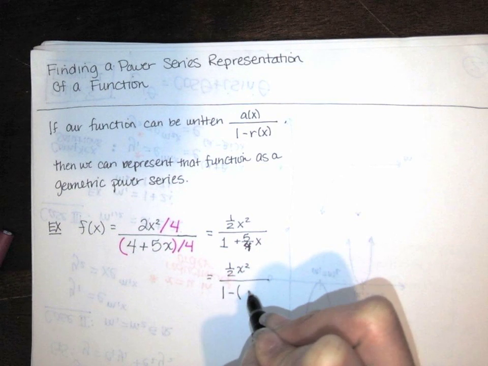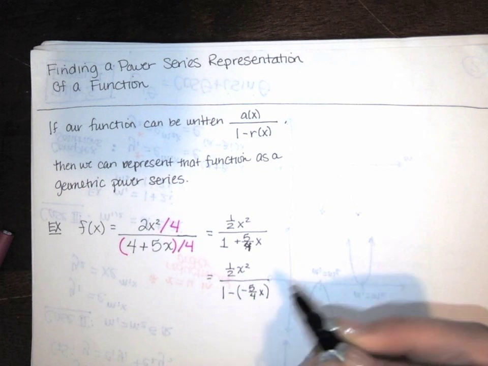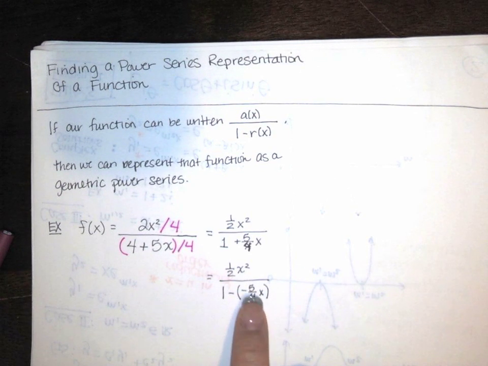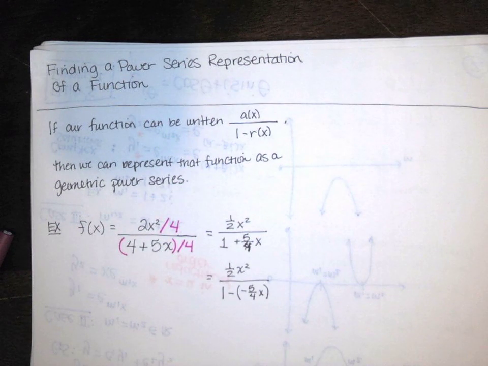Now it's probably been a while since you thought about that, but it is. If I'm subtracting a negative, that's adding the opposite, which is just adding. So now this looks exactly like that. All I had to do was a little bit of algebra, dividing by the right thing and then writing that addition as subtracting a negative.